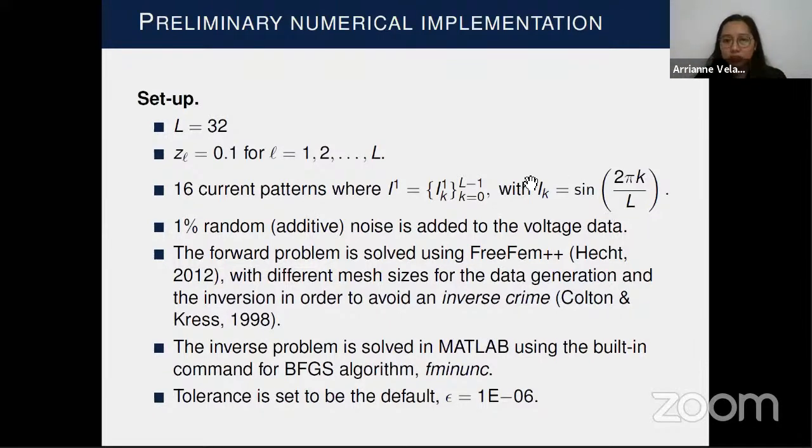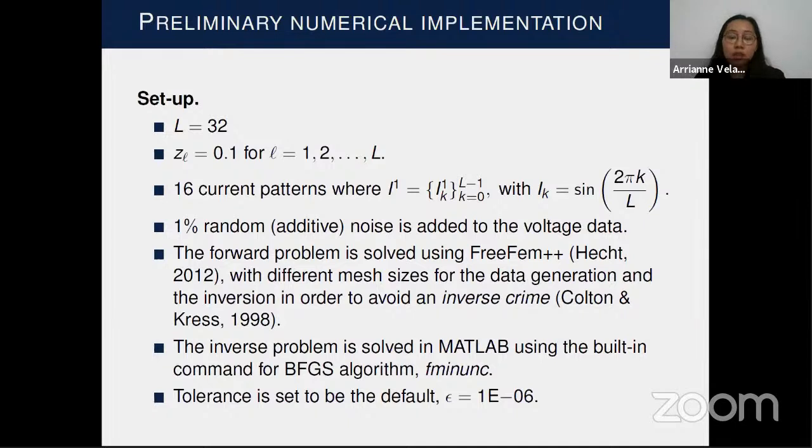The first current pattern is given by this formula here, and we just rotate the first current pattern to get the next 15 current patterns. So if we use 16 current patterns, we have 16 voltage data measurements, and we add 1% random noise to the voltage data to model experimental errors.